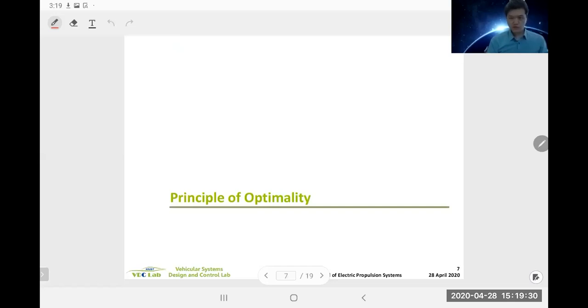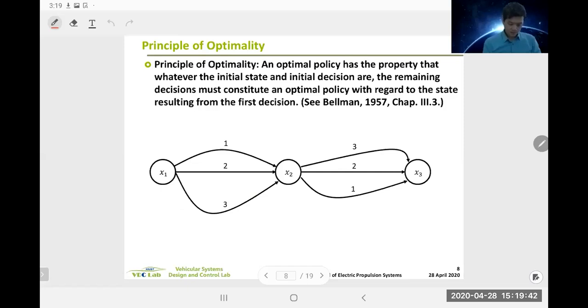And let's move on to the theory itself. Let's start with the principle of optimality. So if you understand the principle of optimality, it'll be very straightforward for you to understand the concept of DP, okay?